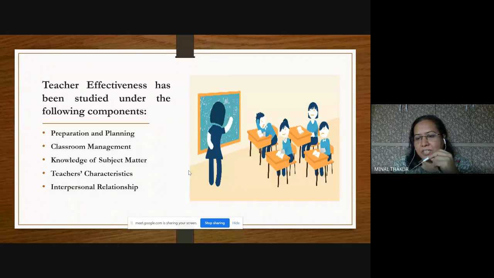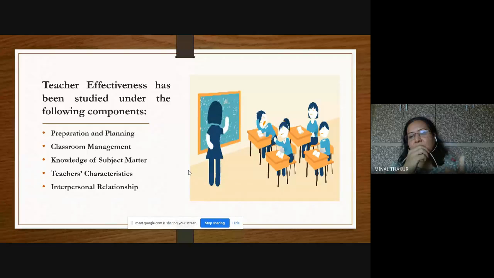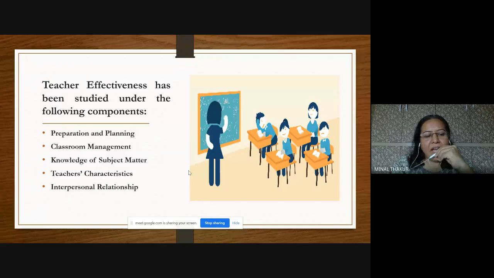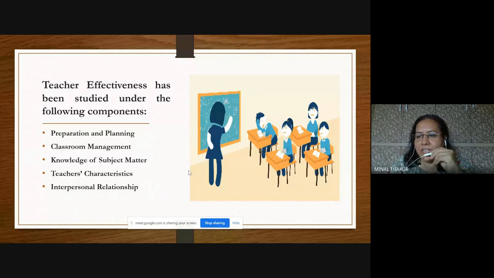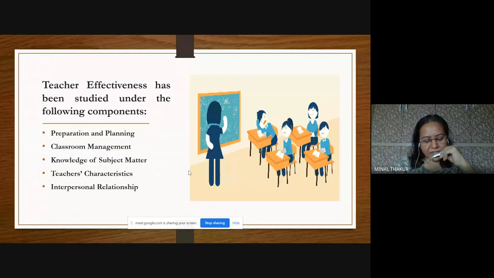Patience and all these are the qualities that come under teacher's characteristics. So you have to present yourself in the best form. And the last one is interpersonal relationship. Your relationship with the students, your relationship with your colleagues and your seniors. So these were certain components on which the questionnaire was based.